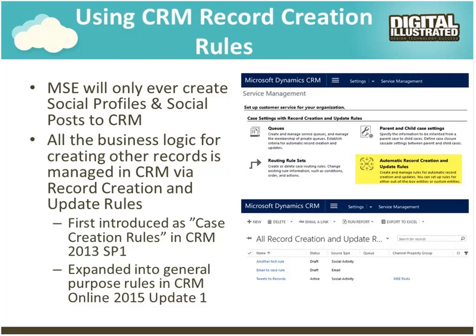You can see it's under the settings and service management menu here in the user interface. You might have already seen this in a previous version of CRM. It was called the case creation rules in the earlier 2013 Service Pack 1 release, but now it's been expanded to be generic, so you can apply it for any activity type and create any entity. So it's a lot more useful now.